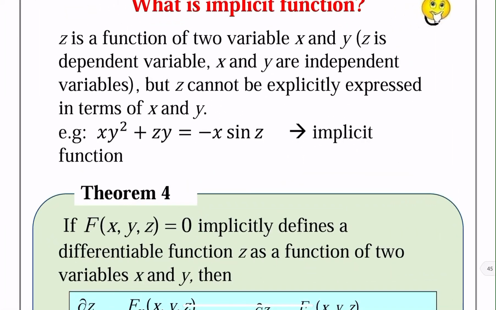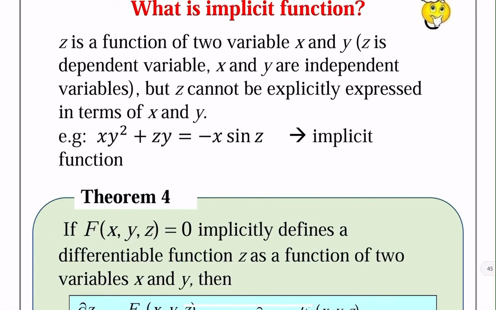What is an implicit function? Z is a function of two variables, x and y, and z is the dependent variable. X and y are independent variables, but z cannot be explicitly expressed in terms of x and y. For example, this case. We cannot have an equation like z equal to something in terms of x and y.